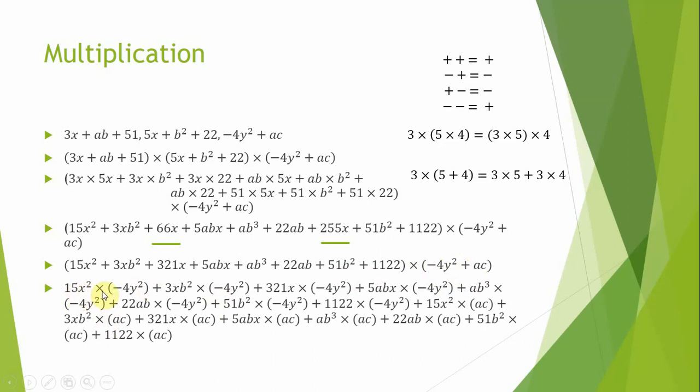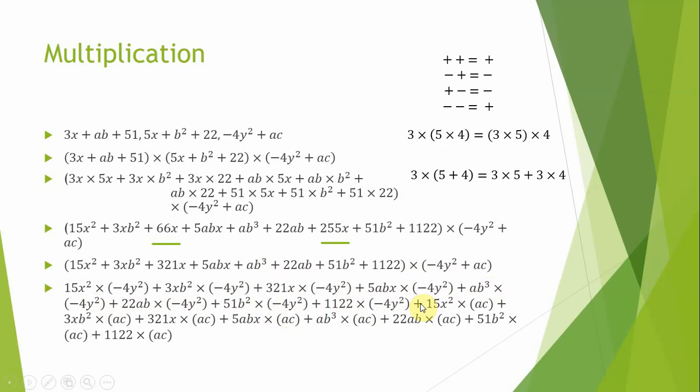So 15x squared into minus 4y squared plus 3xb into minus 4y squared, 321x into minus 4y squared, 5abx into minus 4y squared, ab cubed into minus 4y squared, 22ab into minus 4y squared, 51b squared into minus 4y squared. Even the constant would be multiplied, so 1122 into minus 4y squared.